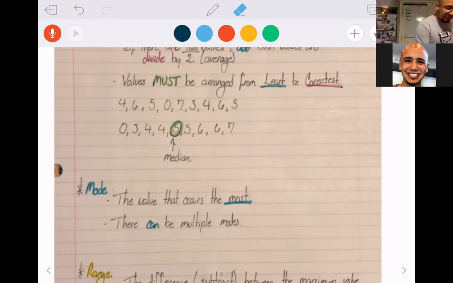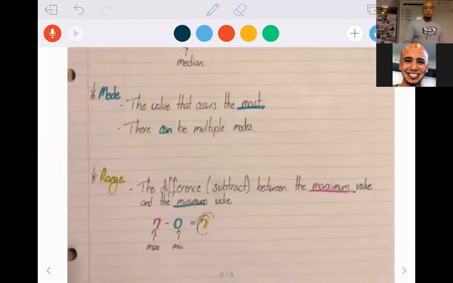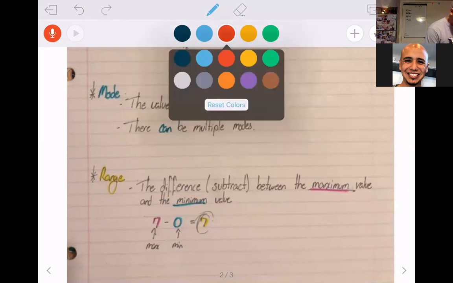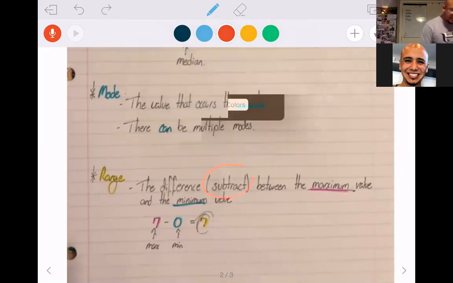Finally, ladies and gentlemen, we have range. Range is the difference between the maximum value and the minimum value. So difference means subtraction. That's why I put subtract here in parentheses. So we're going to subtract the largest value and the least value.